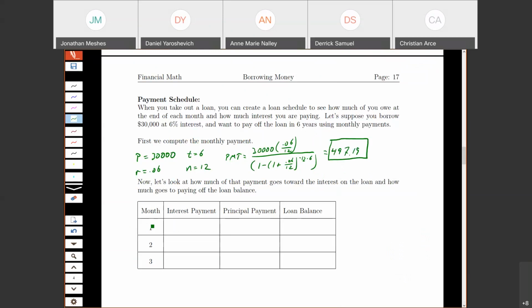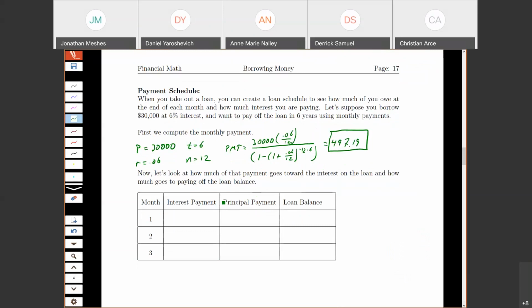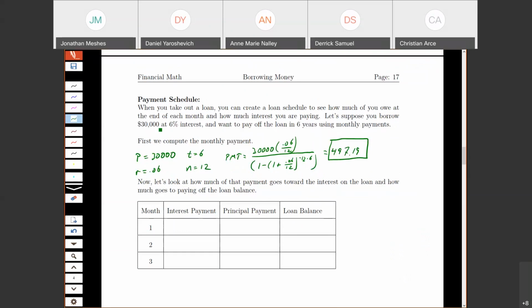Now let's go down and look at our loan balance. If I wanted to compute this payment schedule, I borrowed $30,000, so after 1 month I have to apply the interest. Interest rates are given as an annual rate, so if we're looking at monthly, the monthly interest is going to be 0.06 divided by 12.